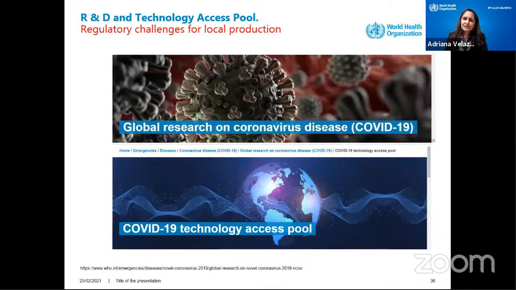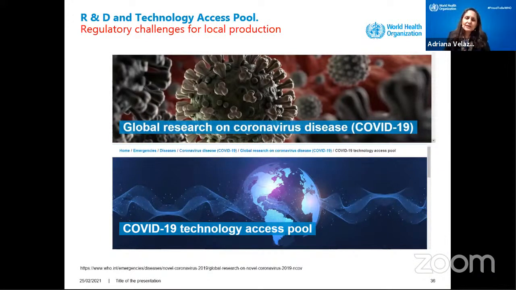The government of Costa Rica actually sent a letter to WHO and said, we need a technology access pool. We need something where we can put blueprints and countries can do local production in their countries, so that we can do technology transfer and there is also a development.